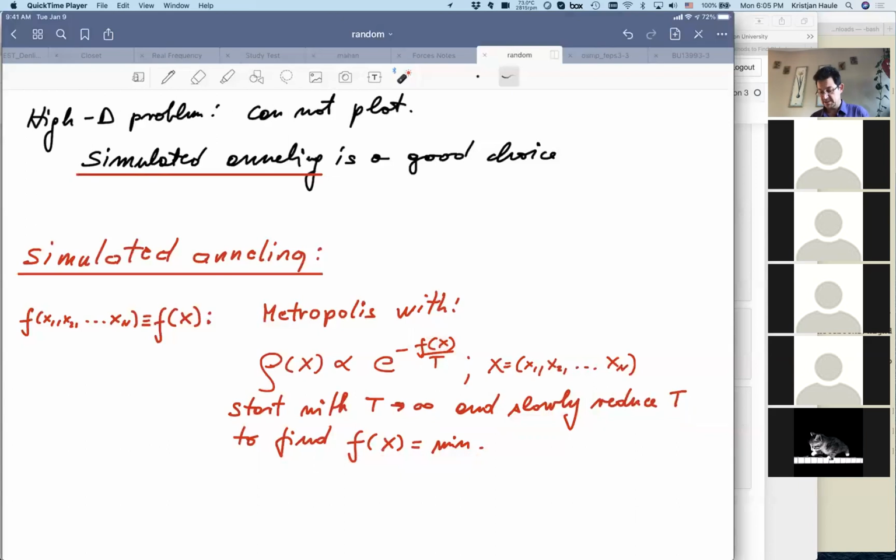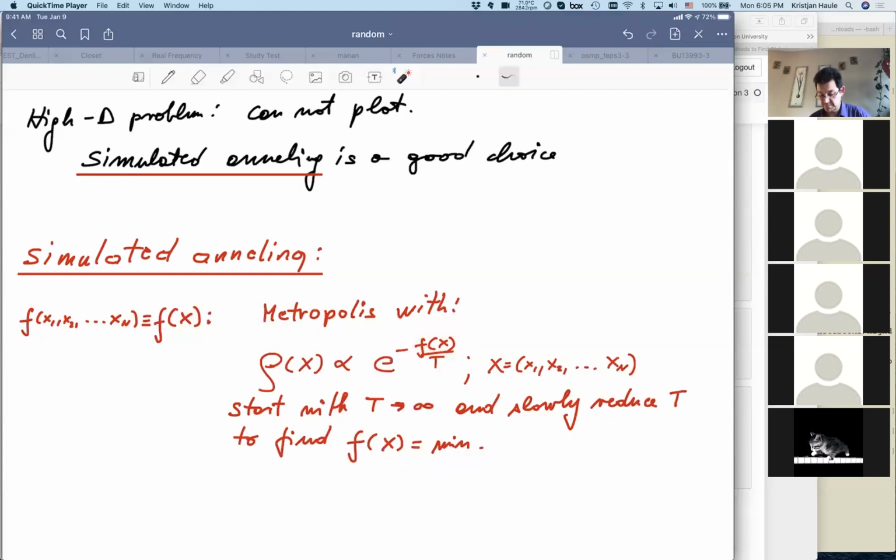So again, why is this the case? Because in the ground state, we know that this f will have the smallest possible value, which means that this exponent is going to be the largest.